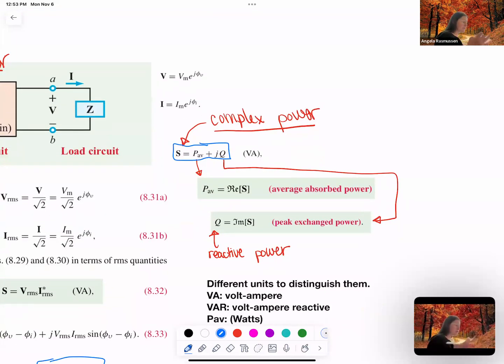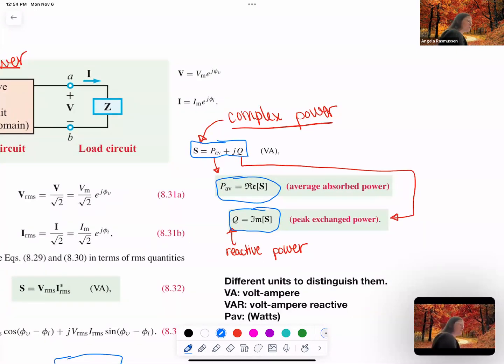So this is rectangular form. The average absorbed power is the real part of this, and the reactive power is the imaginary portion of this. So in terms of complex power, we want to get this in rectangular form.